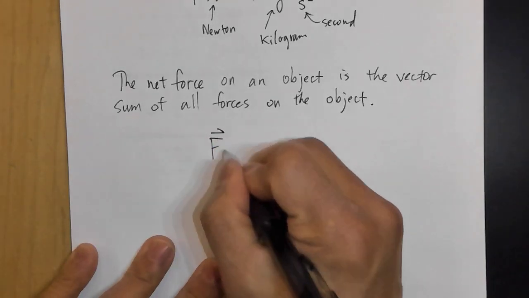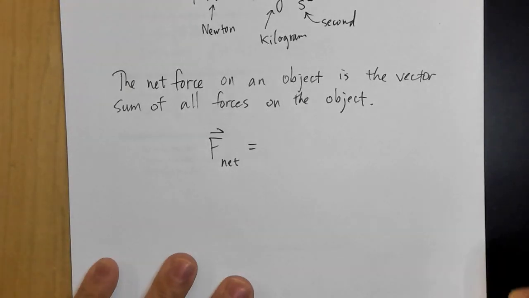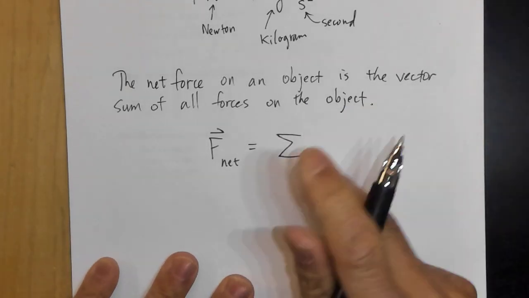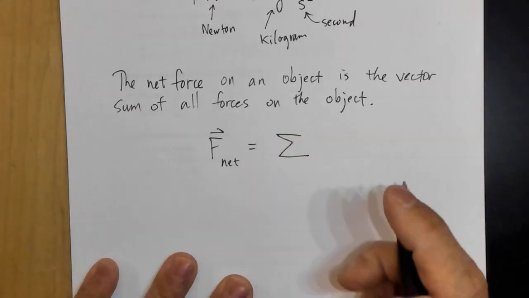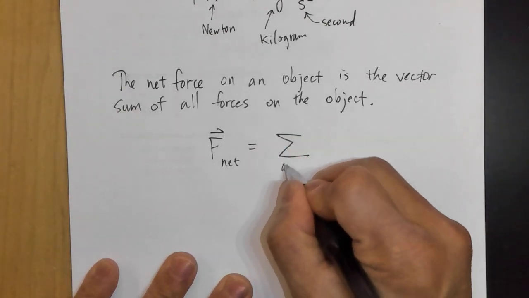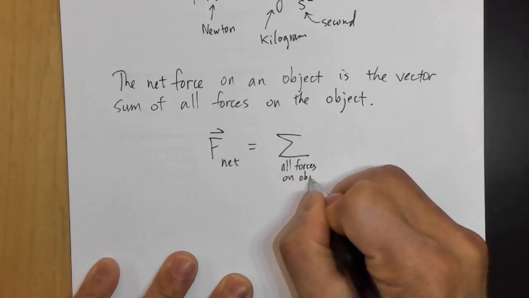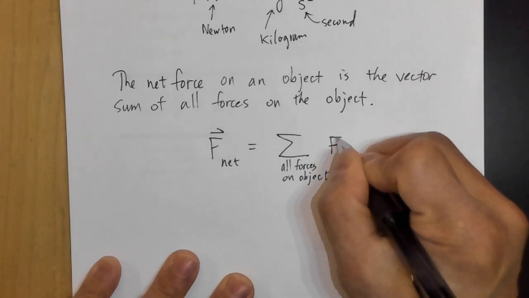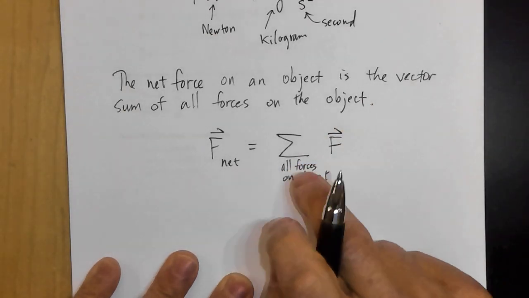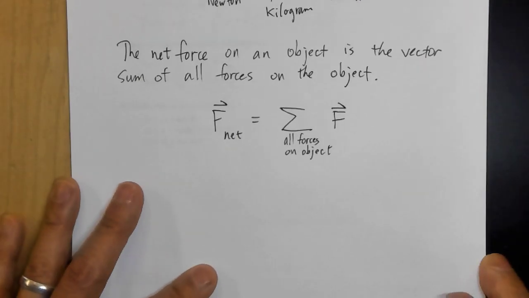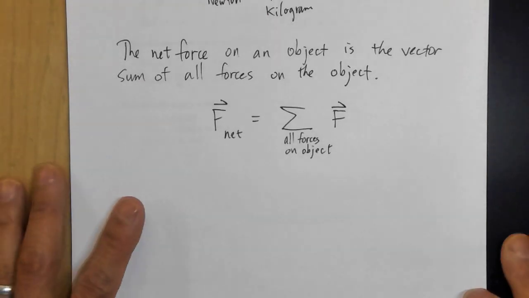So F net, and we'll talk about F net all throughout this course. You just sum up. Are people okay with the symbol? This symbol means sum. You sum over everything, so sum over all forces on an object. Let's just write it as F. You might put a subscript here to tell you there's some index, but let me just write it this way. So the net force is the sum of all forces on an object.